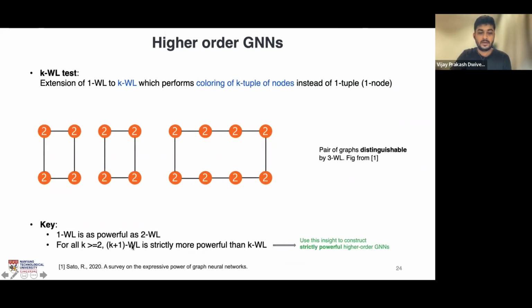So for example, what is the difference between 3WL and 4WL? This is a pair of graphs. On the left there are two disconnected components. On the right there is this graph of 8 nodes. These two graphs are distinguishable by 3WL when node coloring of 3 tuples of nodes is considered.